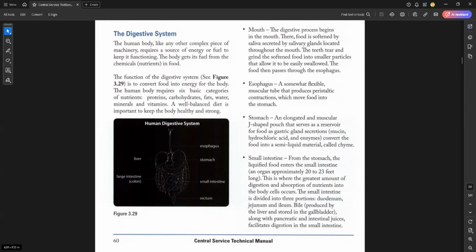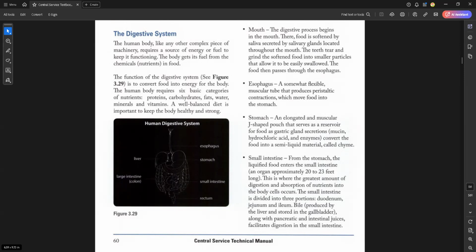Now, let me talk about the small intestine. The small intestines are very, very important. Even though the stomach is also very important, where glands and secretions and enzymes break down food, and the food is converted into liquid or semi-liquid, called chyme. The small intestine is where the absorption takes place.